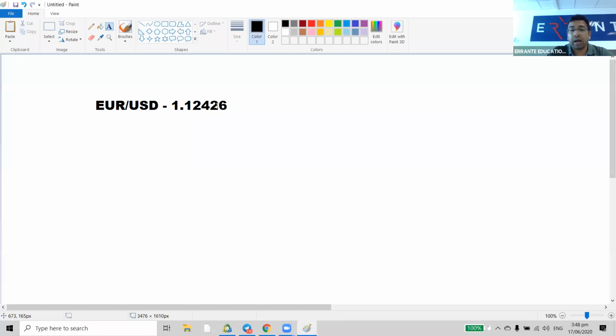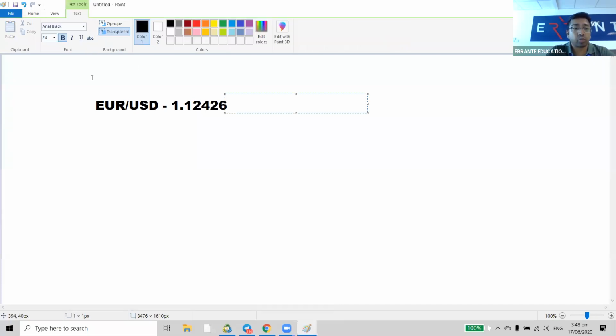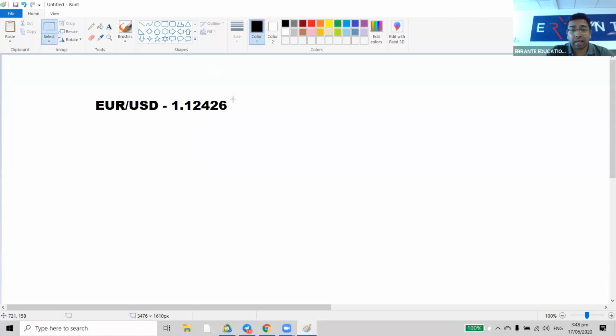Basically, I prefer to just use 4 decimal places, even though I'm on the Errante MT5 platform. I just want to delete this last digit at the back. If I delete the last digit, I'll round the number to 43 instead of 42.